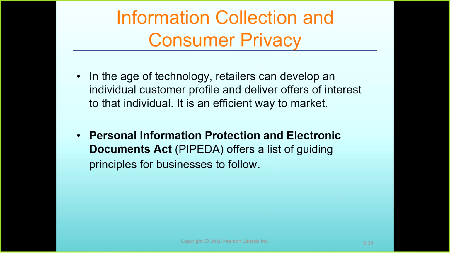And last slide, customer information collection and consumer privacy, right? It's really important that in the age we live in, retailers can develop individual customer profiles and deliver offers of interest to that individual. This is efficient, certainly, but there are so many guidelines here to protect the consumer, which unfortunately in today's world is worth so much that it's sold, right?